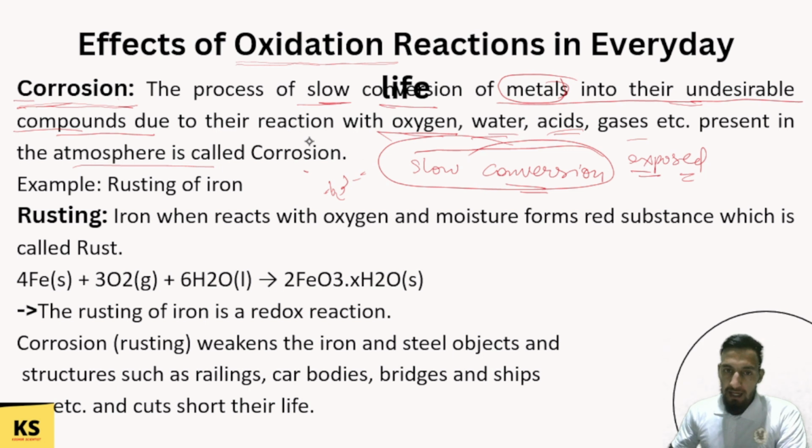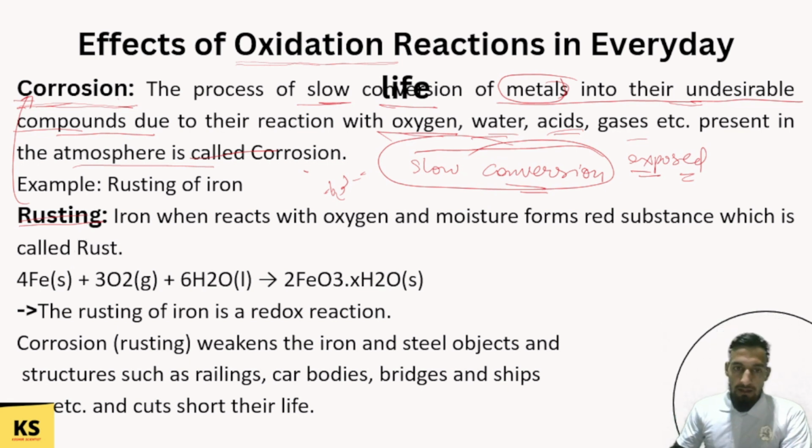Because that is exposed to the atmospheric conditions. उस पे बारिश भी गिरती है, ऑक्सीजन तो हवा में है ही, उसके साथ उसकी रिएक्शन होती है, गैसेस हैं, that make this metal rust or corrode. Now rusting of iron actually, that is an example of what? Corrosion.